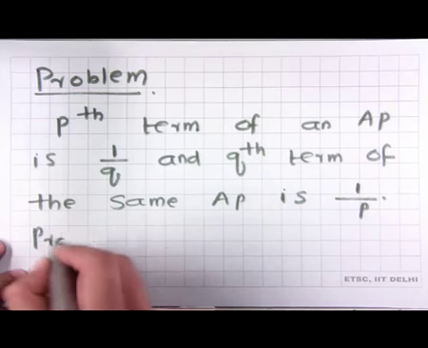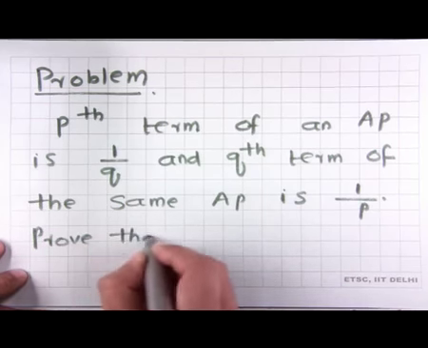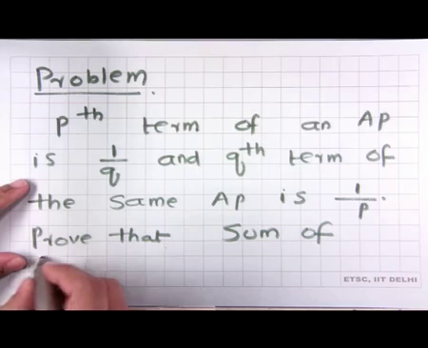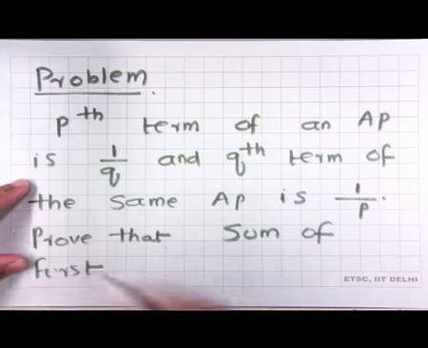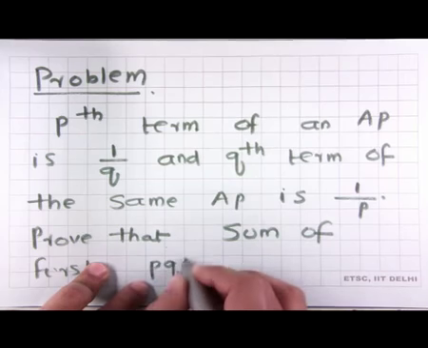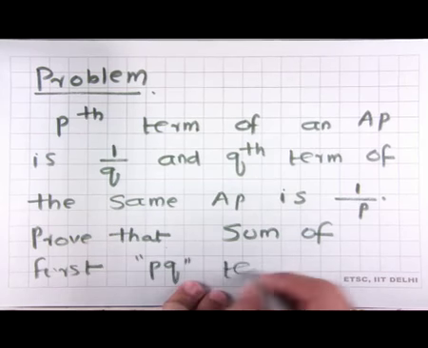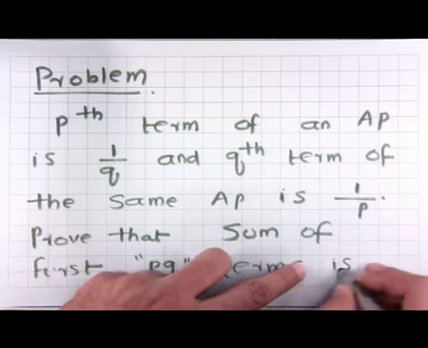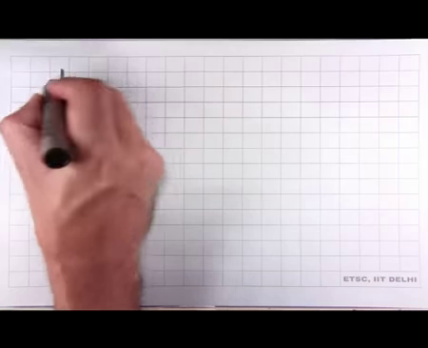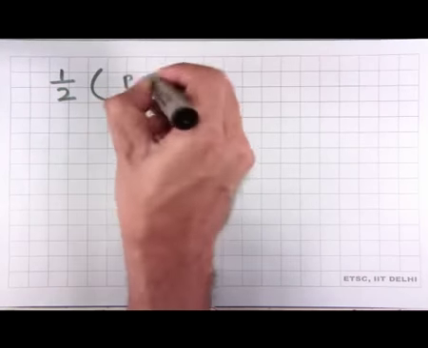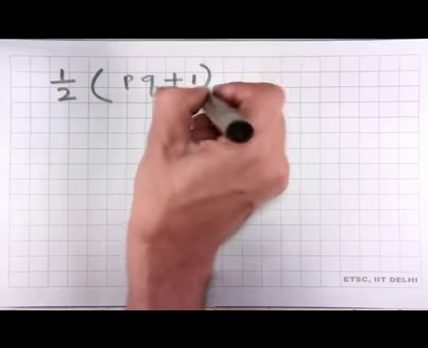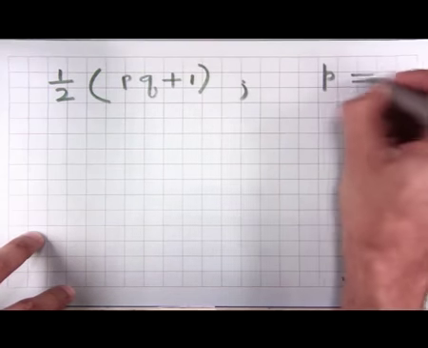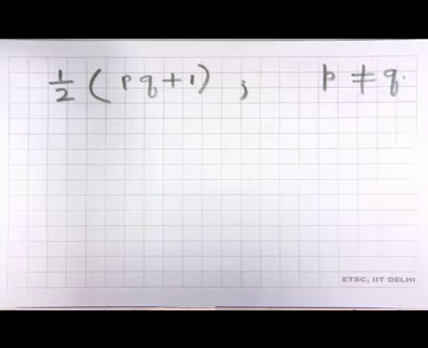Prove that sum of first PQ terms is 1 by 2 times PQ plus 1. It's also given that P is not equal to Q. This is your question.